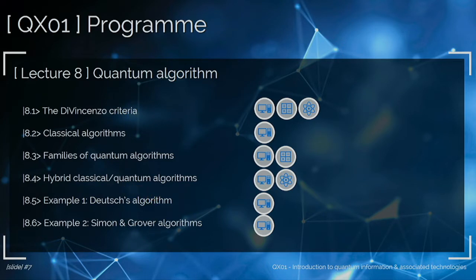And then, not today, there will be a lecture on more practical algorithms. So one of them is called the Simon algorithm, and perhaps one of the most important algorithms so far in quantum technologies is the so-called Grover search algorithm, that will be done at a later stage, and most likely not by me.